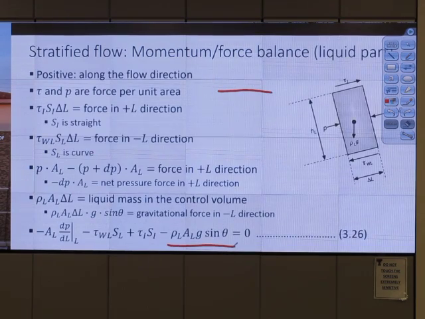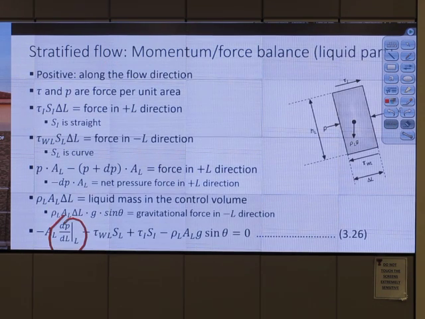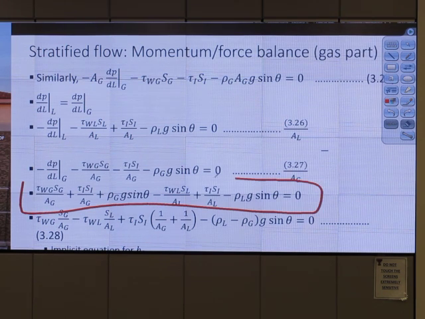Just change rho L to rho G, AL to AG, sine theta. We know that this term is the same as that term. Divide everything, for gas divided by AG, for liquid divided by AL, subtract, then we get that equation. Dimensional form of the combined momentum equation.